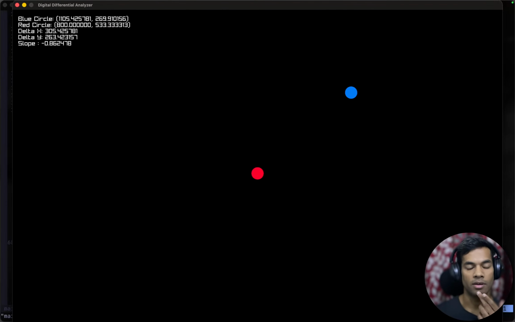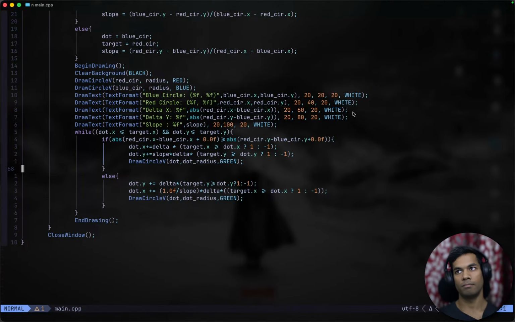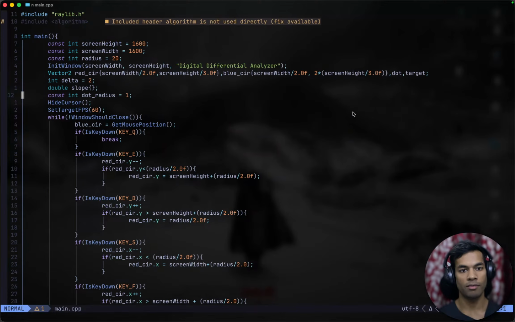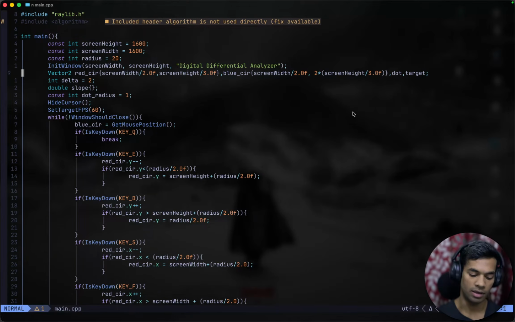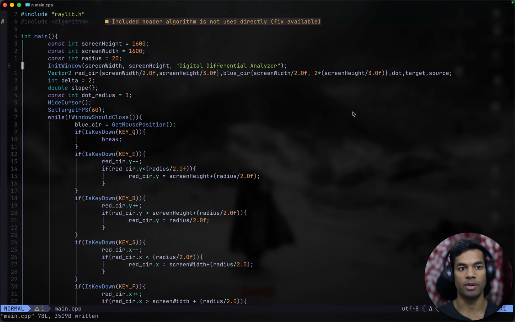Yes, because of this target and source. Okay, shit. We will have target and we will also have source, so we can see if we are still in between of the two.